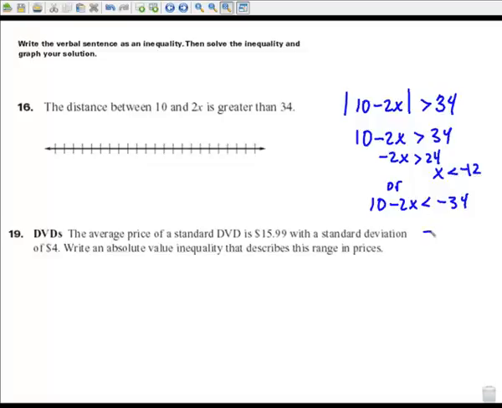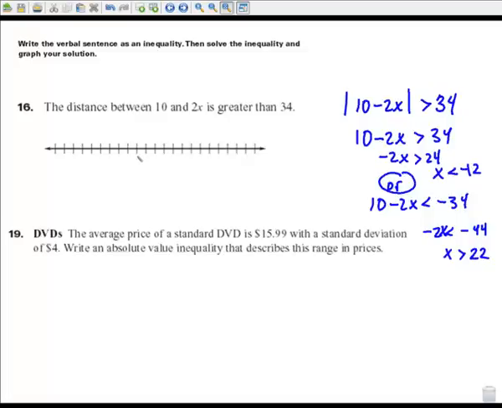Here, do the same thing. So negative 2x is less than negative 44. So x is greater than 22. So now, again, this is an OR statement. I'm going from negative 12 to positive 22.